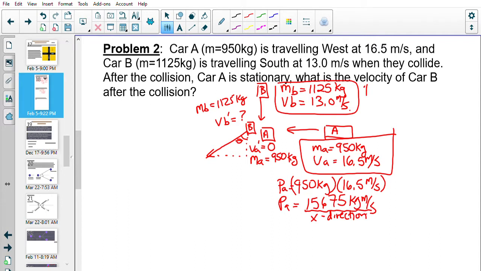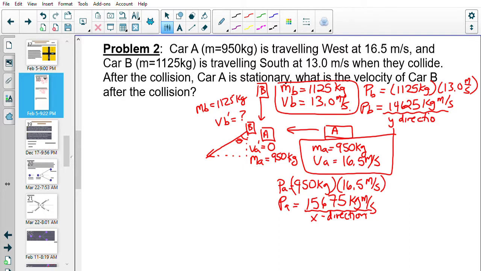My B, you're going to get mass of B, which is 1125 kilograms, times the 13 meters per second. So my momentum in the B direction is 14,625 kilogram meters per second. And this is the total momentum in the y direction.